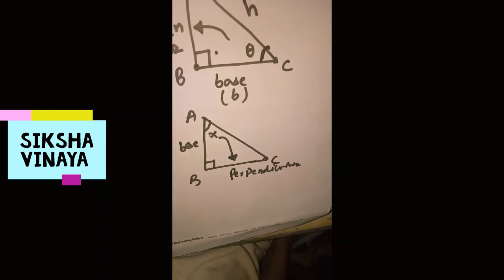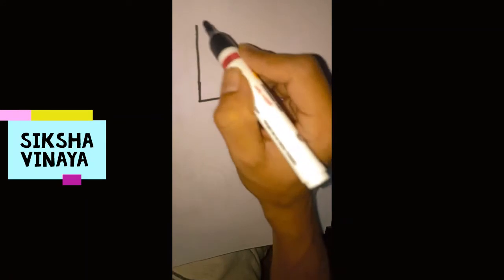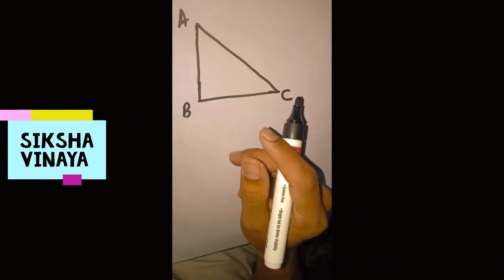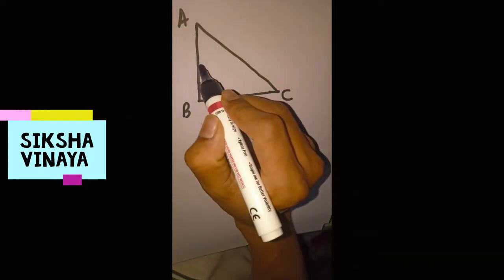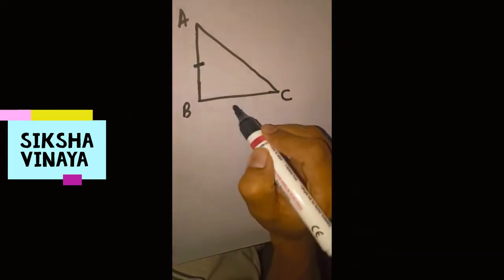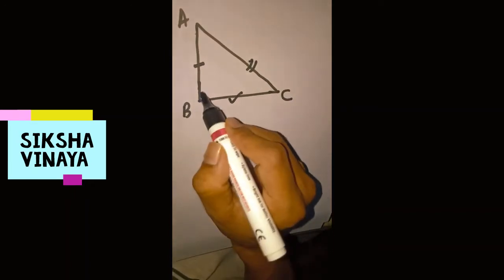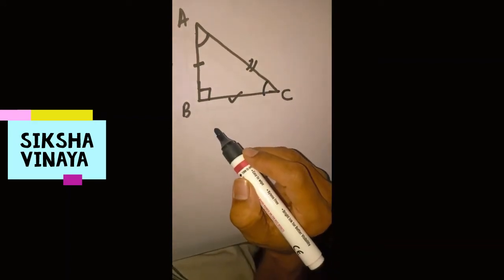Now you know that in a triangle there are three sides and three angles. This is the smallest polygon, in which there are three sides and three angles. Three sides are this, this, and this, and three angles are this, this, and this.